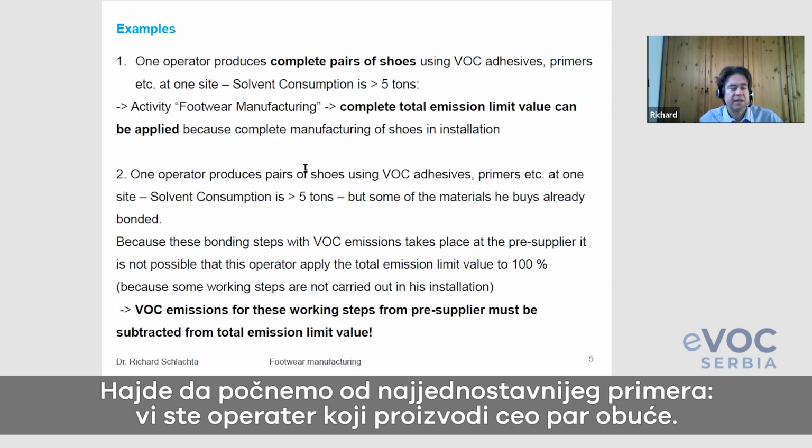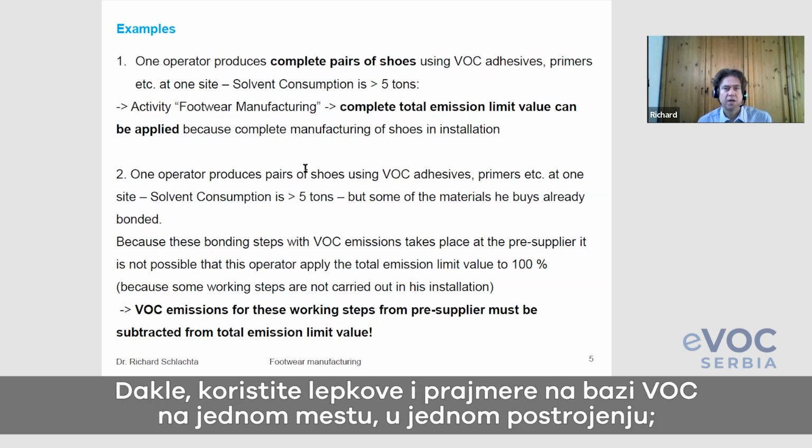So let's start with the easiest situation. You are an operator that is really producing a complete pair of shoes. So you use VOC adhesive, primers, and so on, and you do everything at one site in one installation.